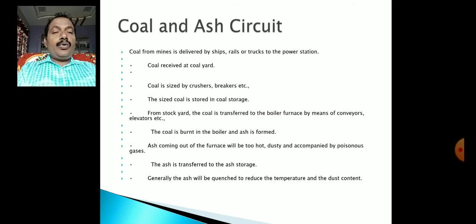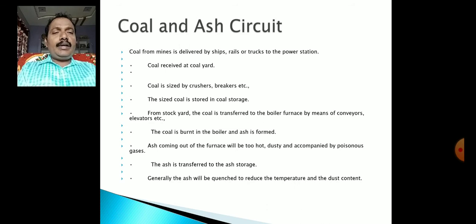The coal is burnt in the boiler and ash is produced. That is definite. Whenever coal is burned, definitely ash will be produced, so we have to manage that ash properly. Ash coming out of the furnace will be too hot and dusty and accompanied by poisonous gases. That is the characteristic of ash.